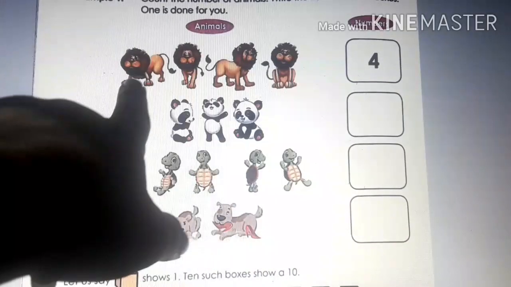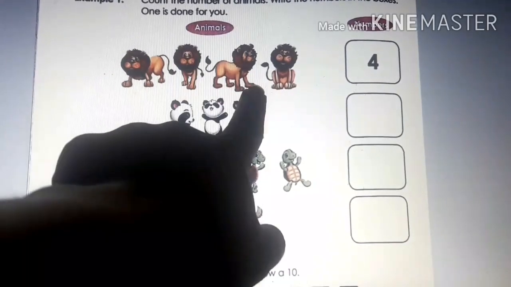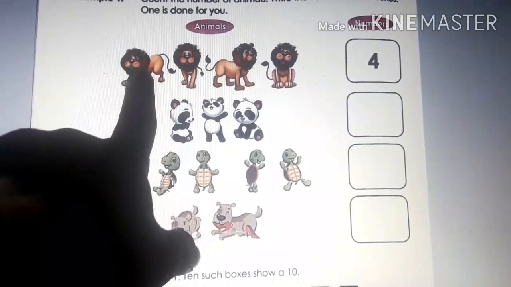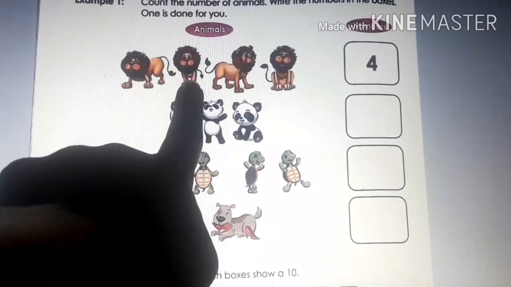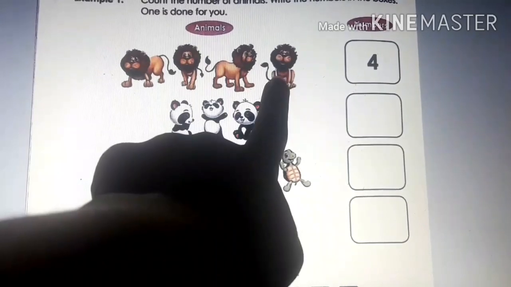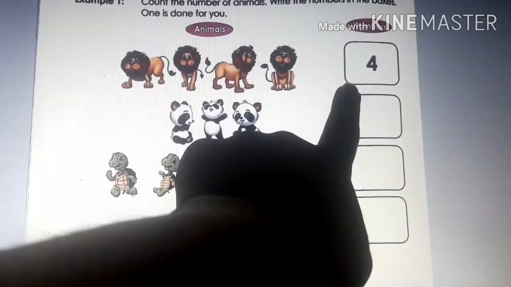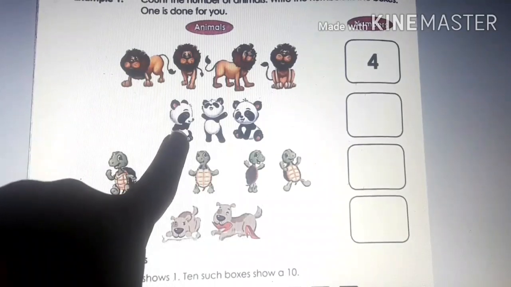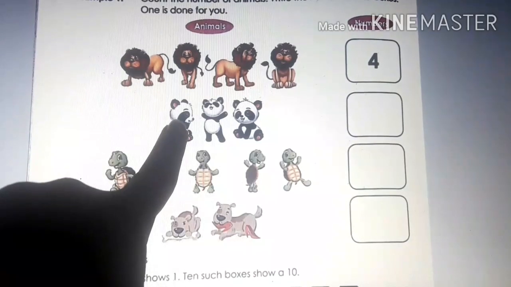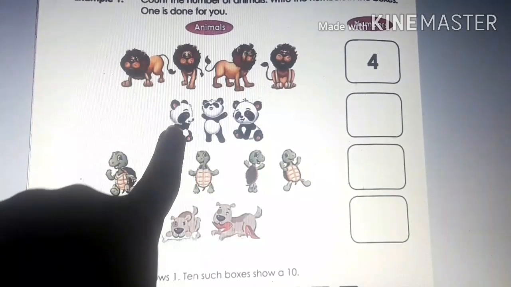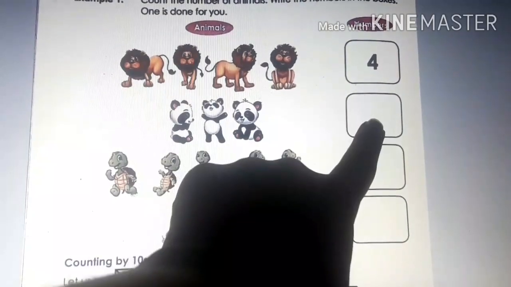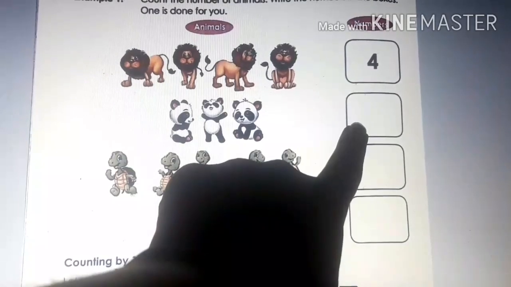So first is what? Lion, right? How many lions are there? Count. 1, 2, 3, 4. How many lions? 4. You write here 4. Next, children, how many animals are here? 3. 1, 2, 3. Count the animals and write in the box. Write here 3.